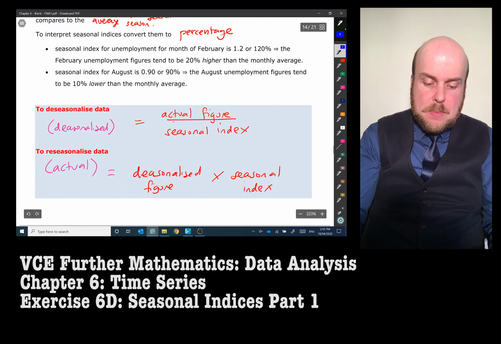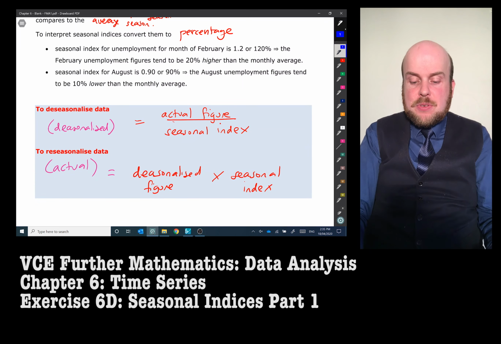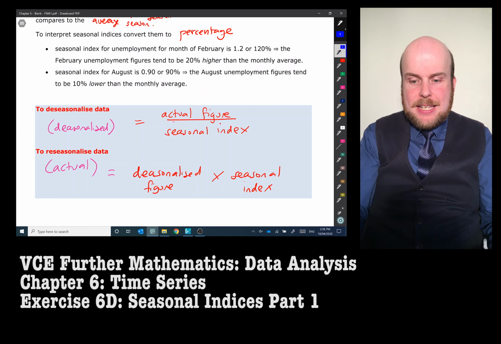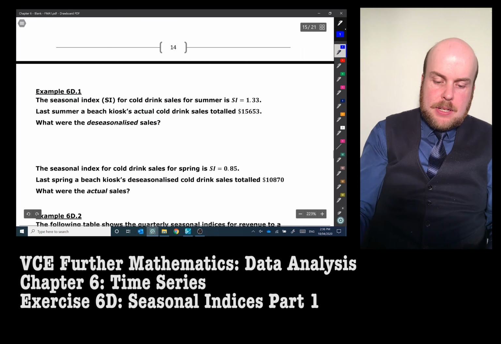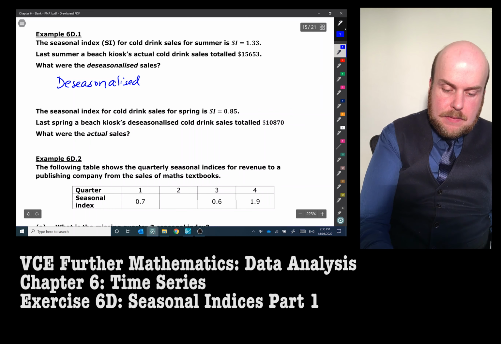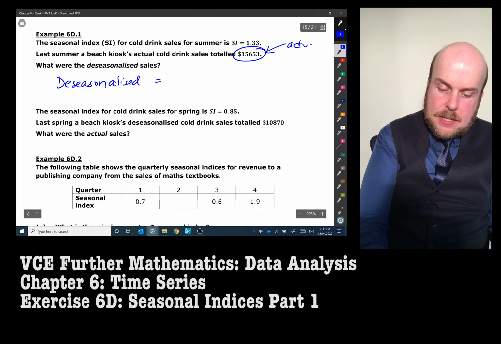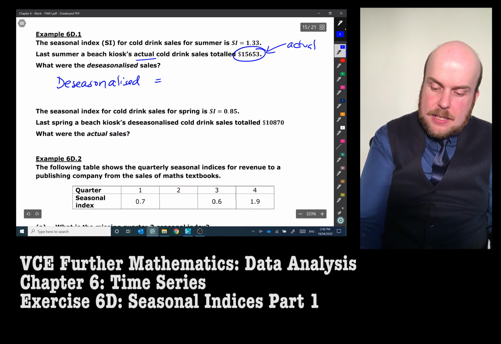I know from my formula that deseasonalized equals actual figure divided by seasonal index. So the deseasonalized is equal to, this is the actual, as it says here, and this is the seasonal index.